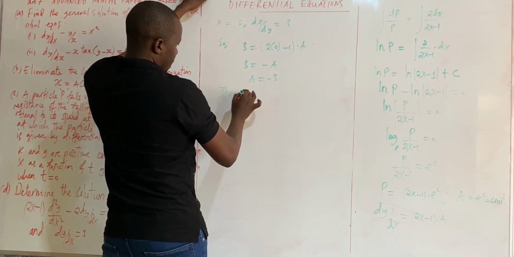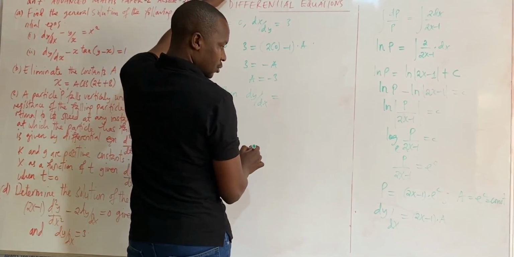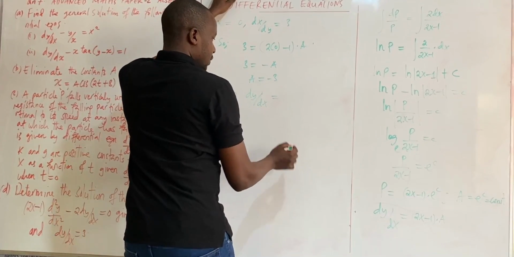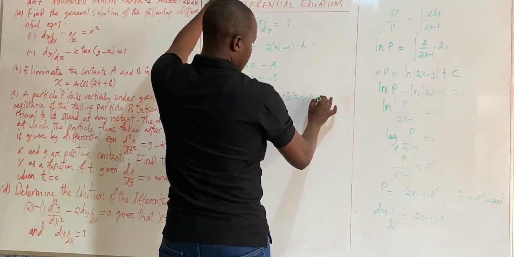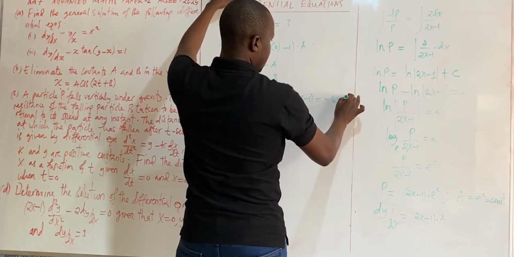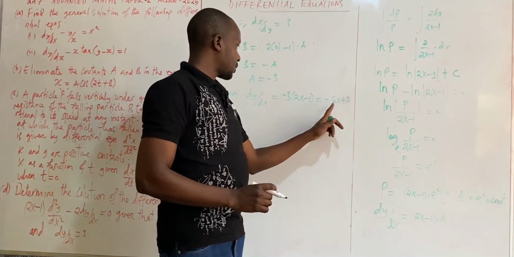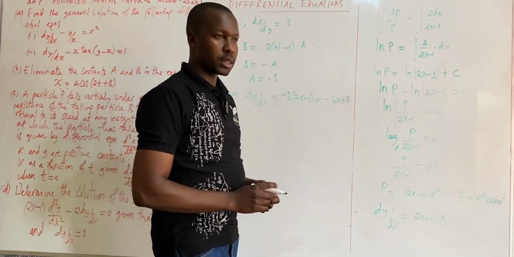Then, now dy/dx, because a now is negative 3, it means when we take it inside, this becomes negative 6x plus 3. Because negative 3 times 2x, it is negative 6x, and negative 3 times negative 1, you get positive 3.